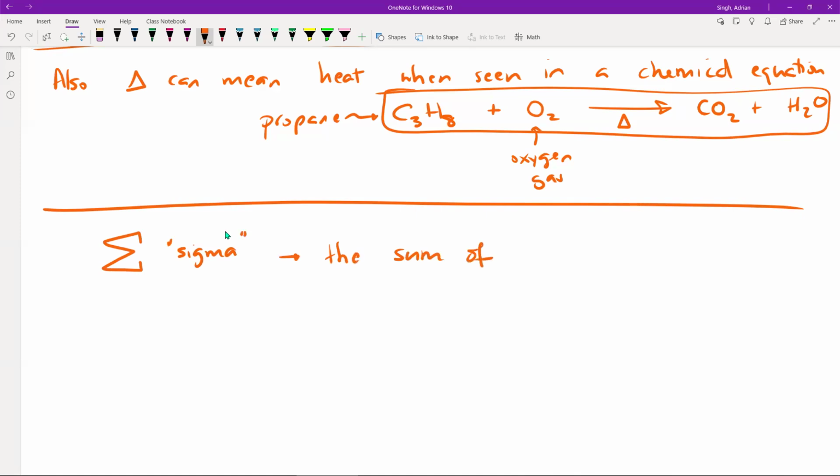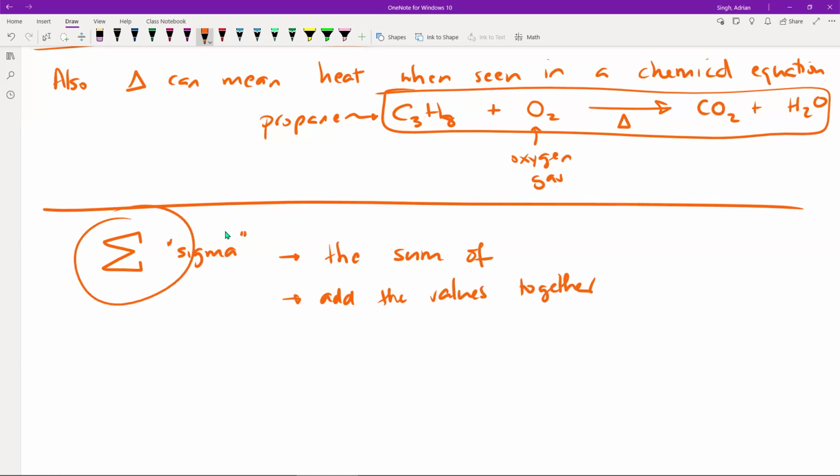To get the sum of a series of data points or things, we add the values together. So this sigma means the sum of something.